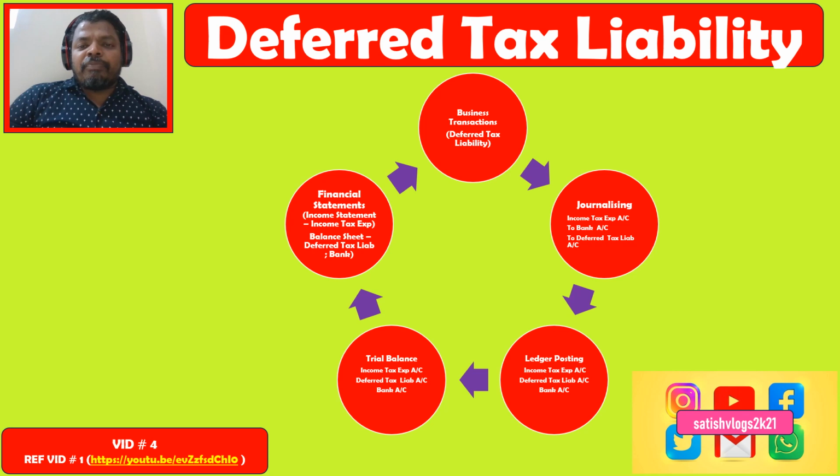As explained in my previous slide, this deferred tax liability would primarily arise because of the temporary differences between book profits versus taxable profit. To explain this concept in a better way, I would be considering an example of a depreciation. Depreciation is an expense which is normally provided on the fixed assets for wear and tear of the assets.